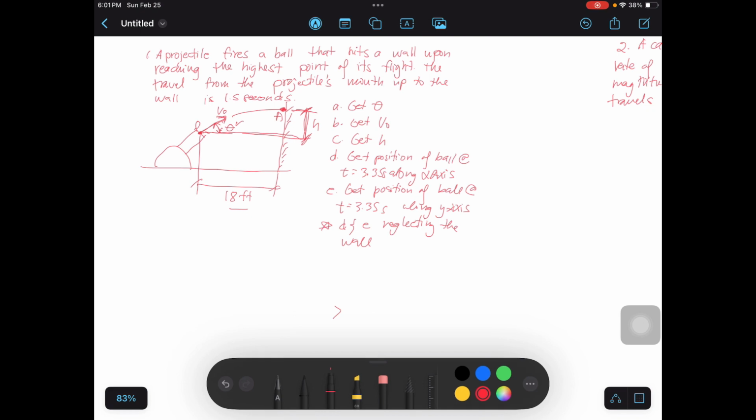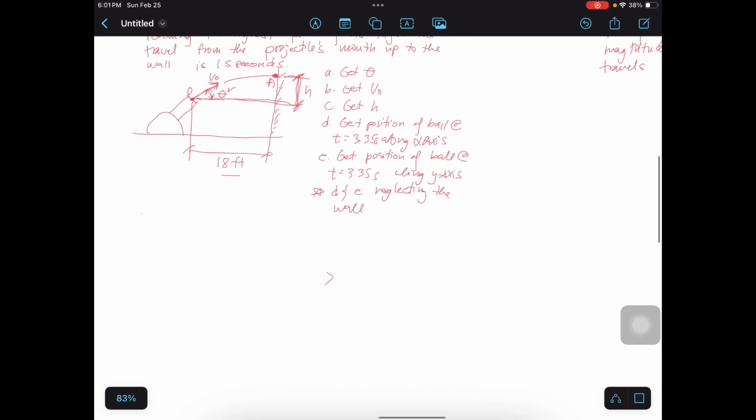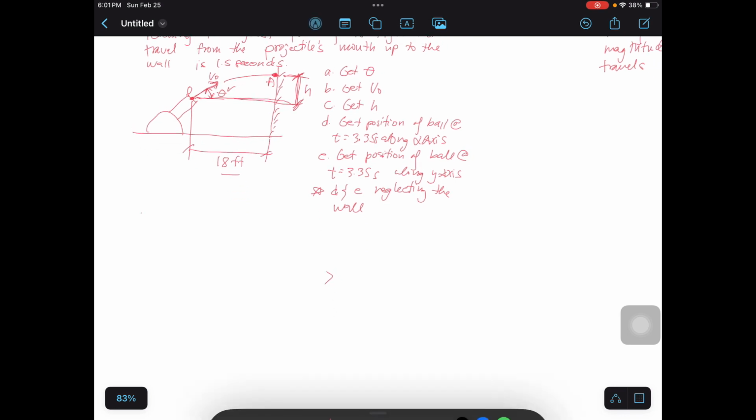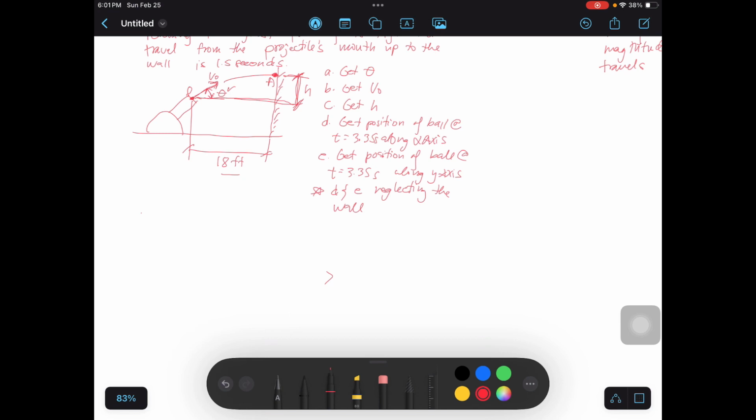So, let's solve. Let's get theta. Sabi ko nga, you can solve this problem by using systems of equations, or you can evaluate separately yung X and Y axis nito. So, try muna natin yung evaluating separately yung X and Y axis.